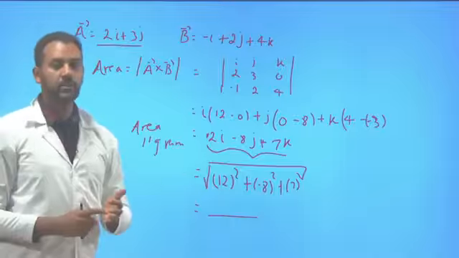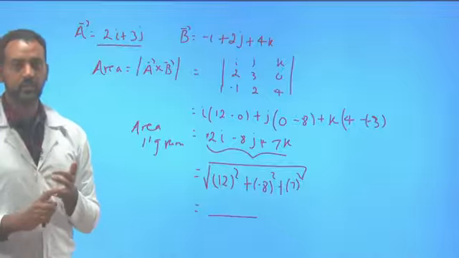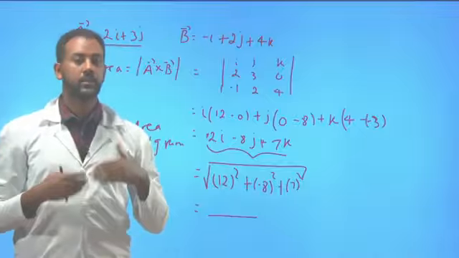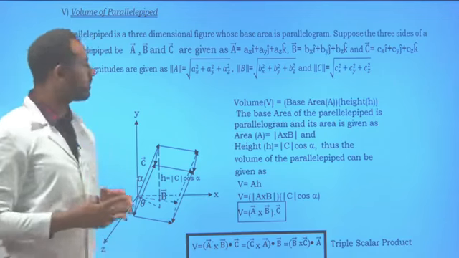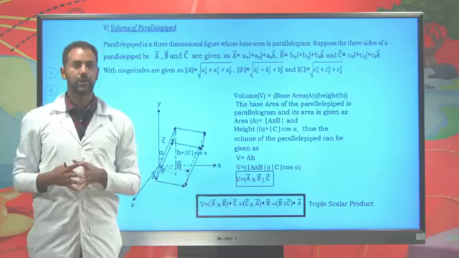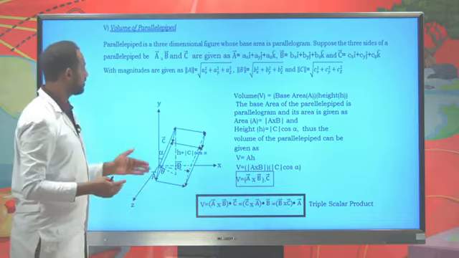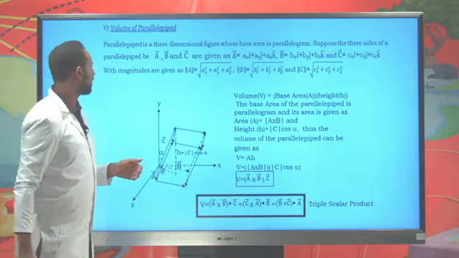So one of the applications of vectors is to find the scalar projection. The other is orthogonality of vectors, and the other is the area of a parallelogram. And lastly, it's possible to find the volume of a parallelepiped. The volume of a parallelepiped can be determined using a vector product.